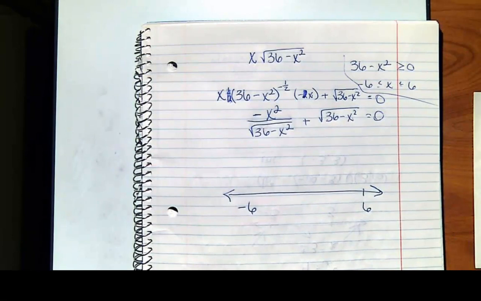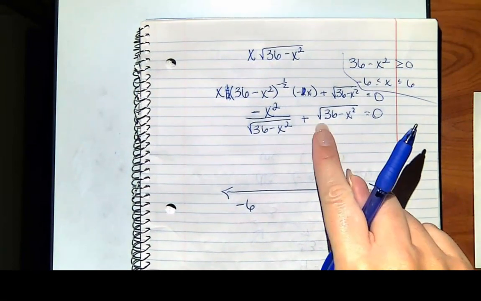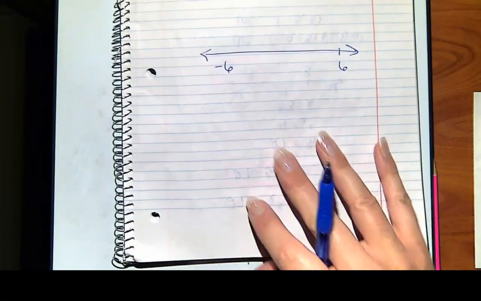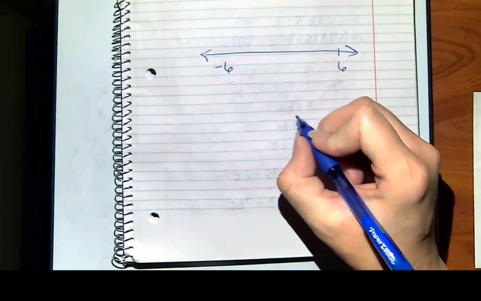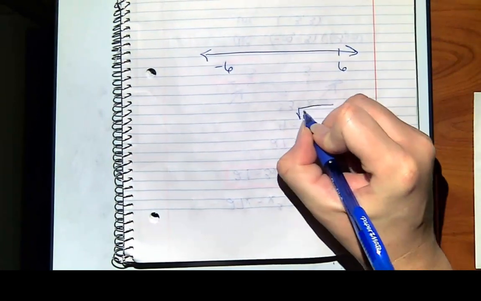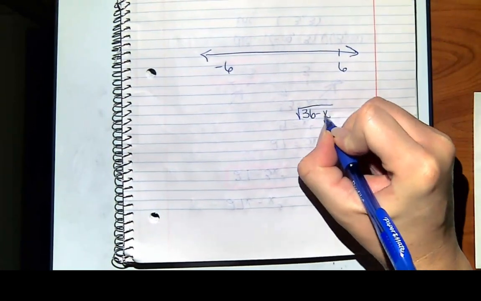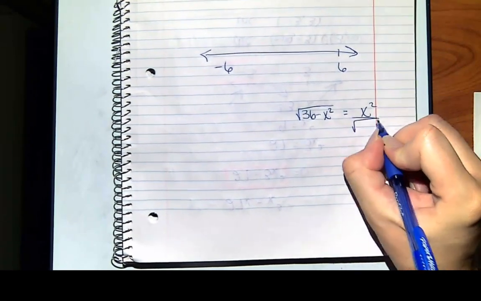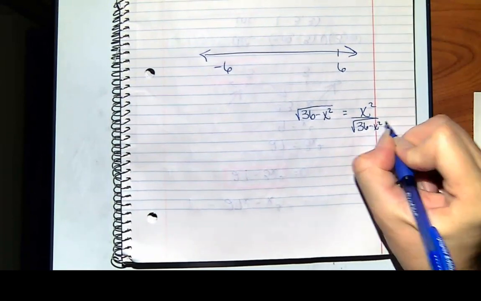The whole deal is, I want to find out how this thing is going to end up equaling 0. So I am going to add this one to the other side. And I'm actually going to go down here. All right, so I have the square root of 36 minus x squared equals a positive x squared over the square root of 36 minus x squared.